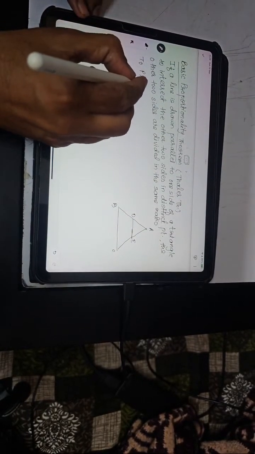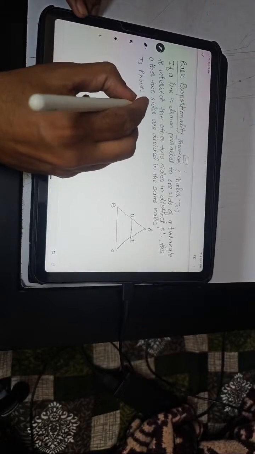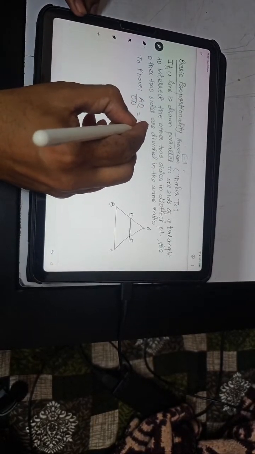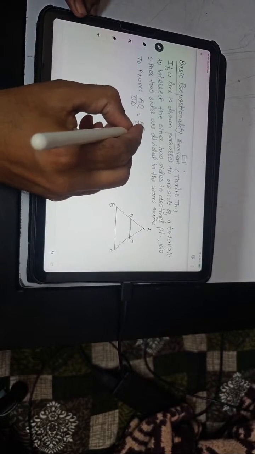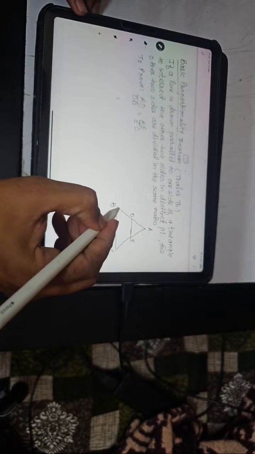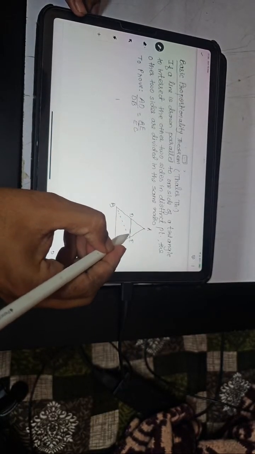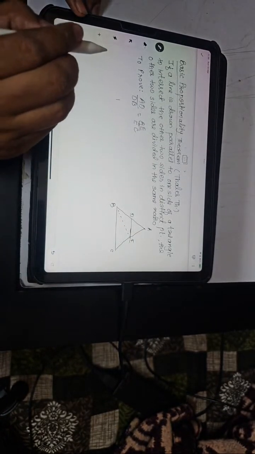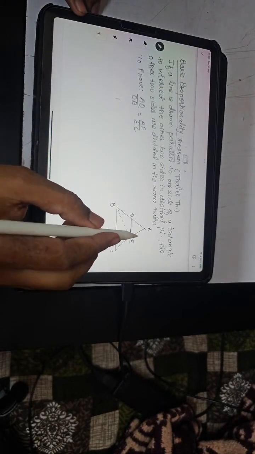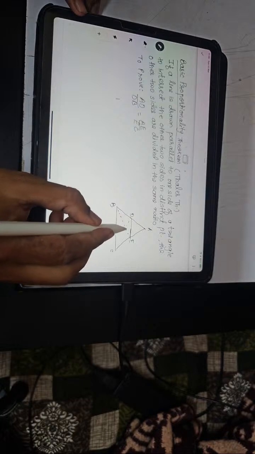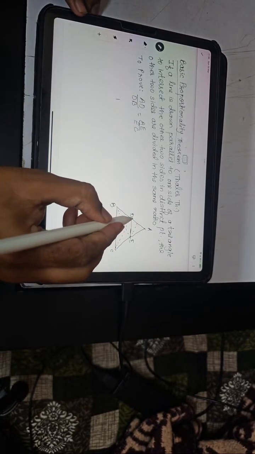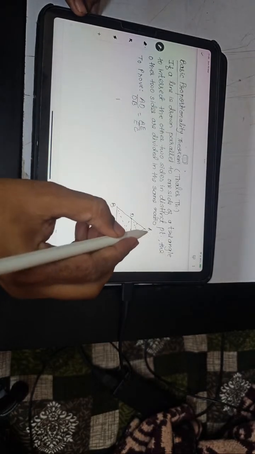We need to prove AD upon DB equal to AE upon EC. First we will need to do some construction, that is we will be joining BE and DC, and then I will be making perpendiculars like this.